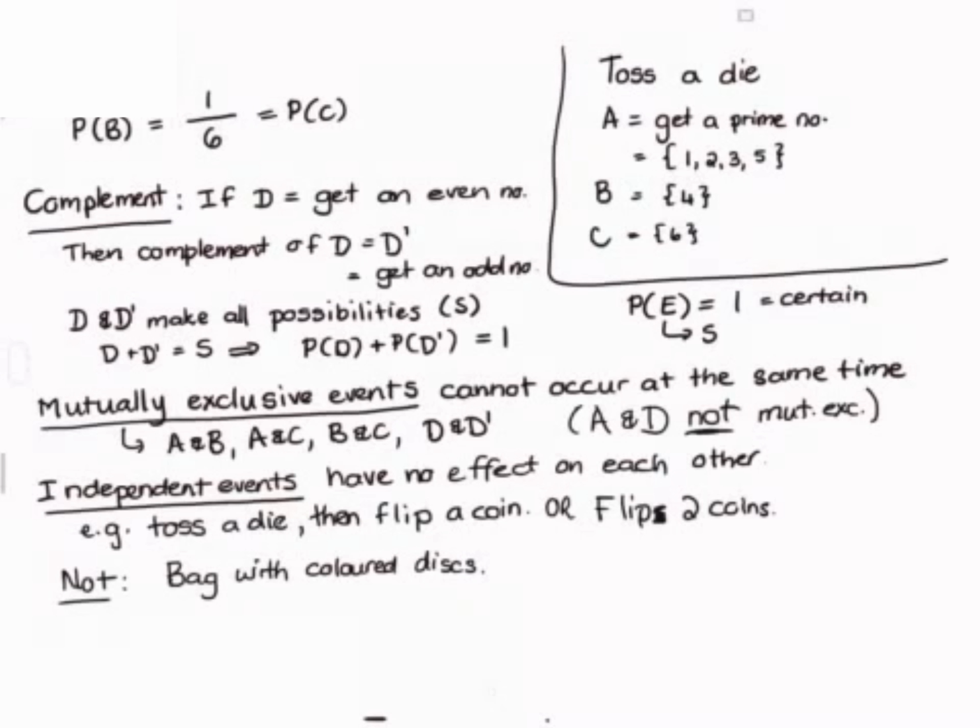So for instance, there are 3 blue, 2 green, 5 red discs in there. Now, if I draw a disc, I look at its color and I don't return it to the bag. Then I draw another disc.